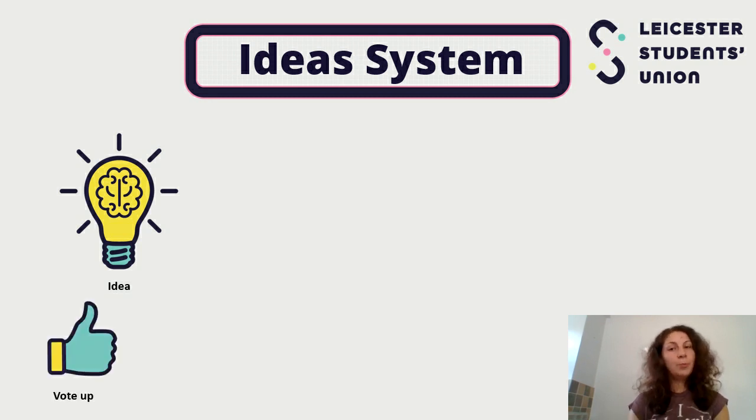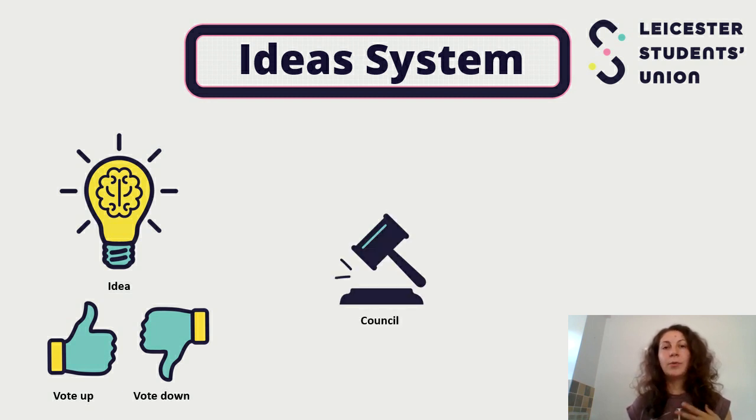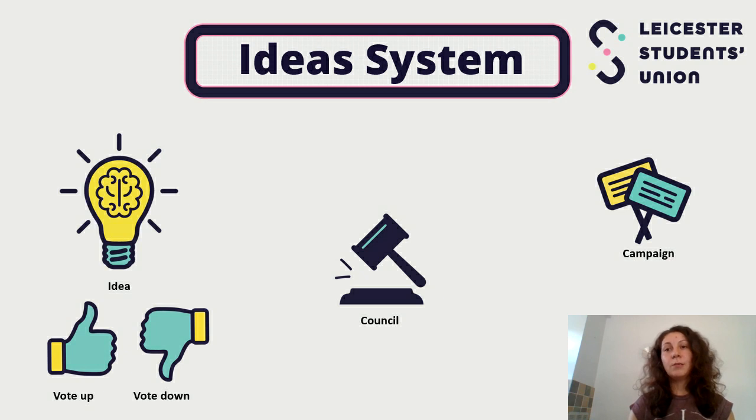Students can vote up or vote down the relevant ideas, and where ideas get support from more than 20 students, they will be submitted to student council. There is a process of identifying the best way of approaching the action for each of these ideas, such as developing into a campaign or becoming a policy.